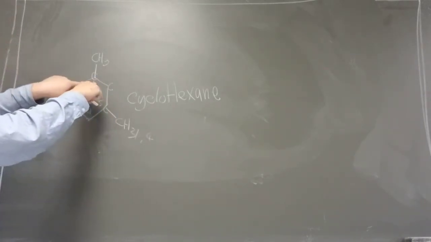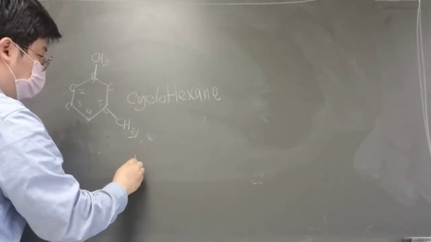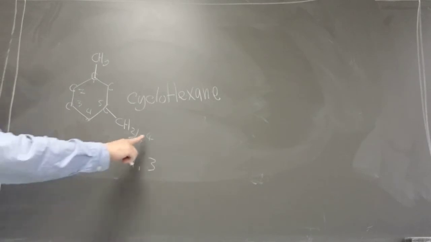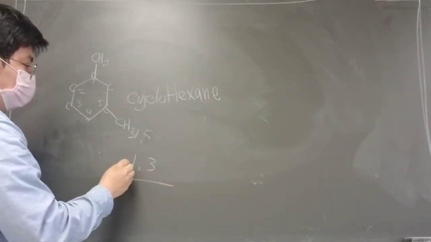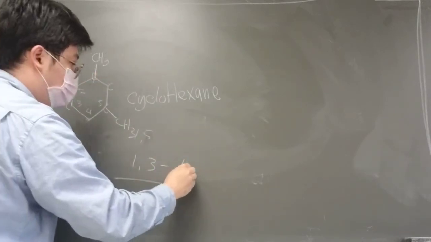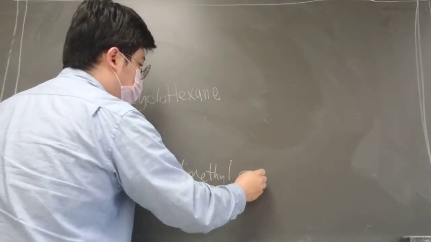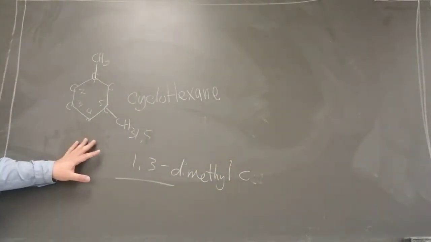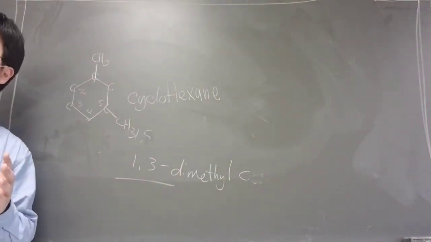But if you count from here, clockwise, 1, 2, 3, I'm sorry, this is better. So we're going to do 1, 3. There are 2 methyl groups, so we say dimethylcyclohexane.